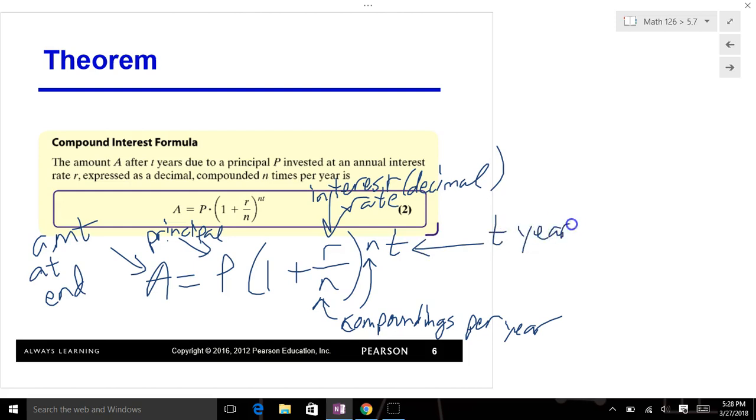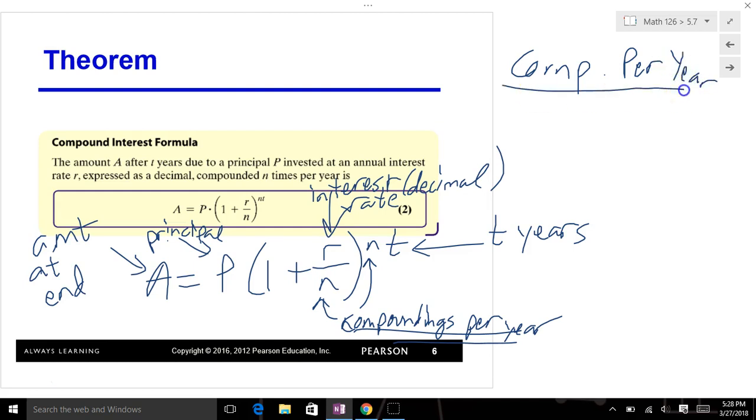Now for the compoundings per year, that N there: if they say it's annually, then your N would be 1. If they say semi-annually, your N would be 2.